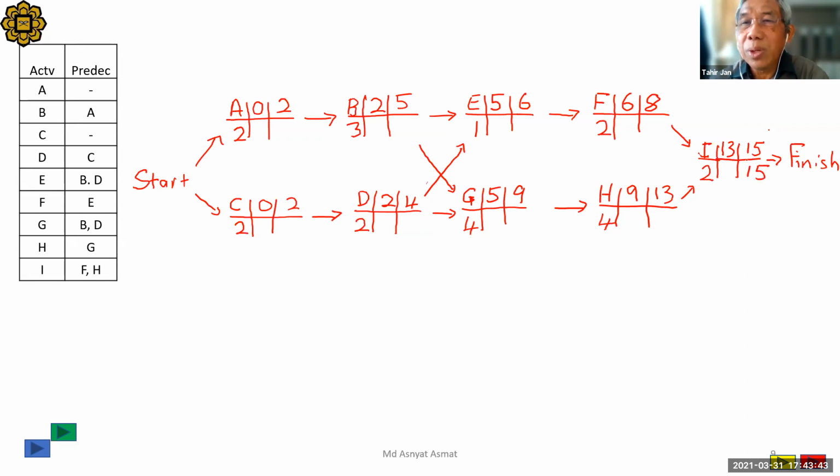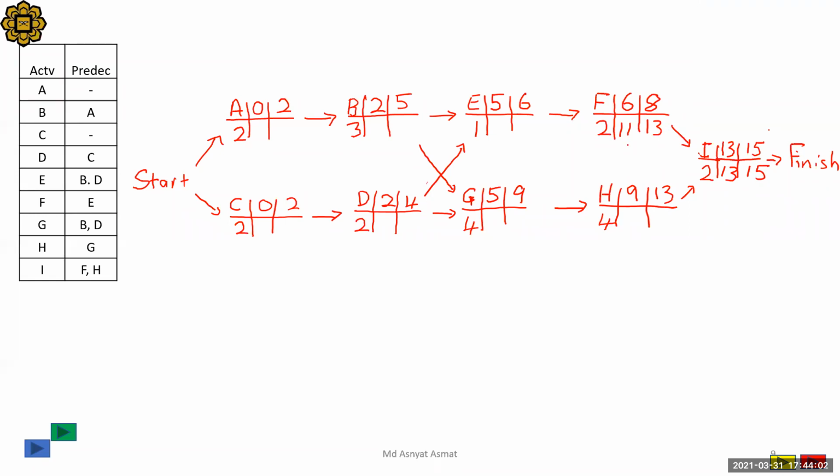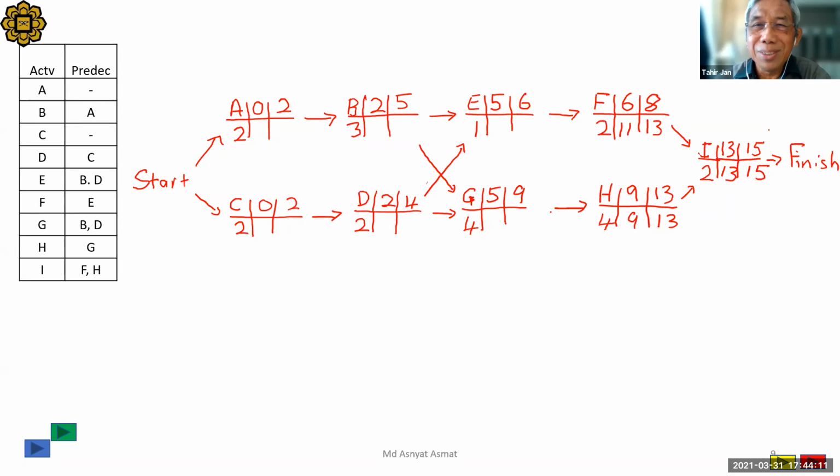Let's move backward. 15 minus 2 is 13. F first: 13 minus 2 is 11. Then H: 13 minus 4 is 9.